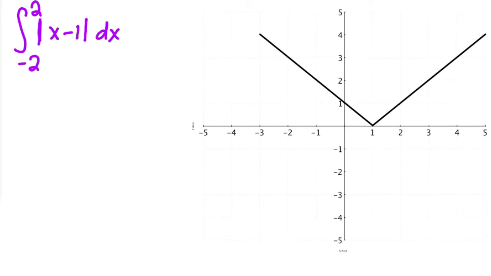Okay, so we have the integral from -2 to 2 of the absolute value of x minus 1 dx. We've got our picture here, and what we're trying to do is find the area from -2 to +2. Just like in the previous example, we have two triangles again, but this time both of them are positive area.